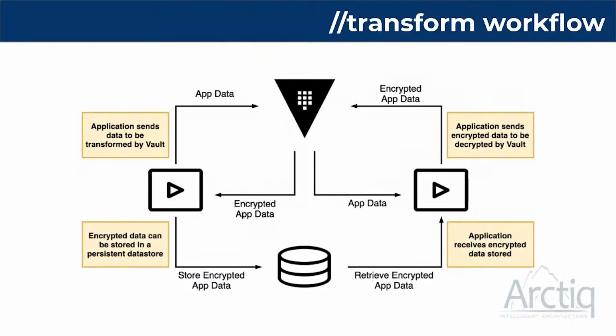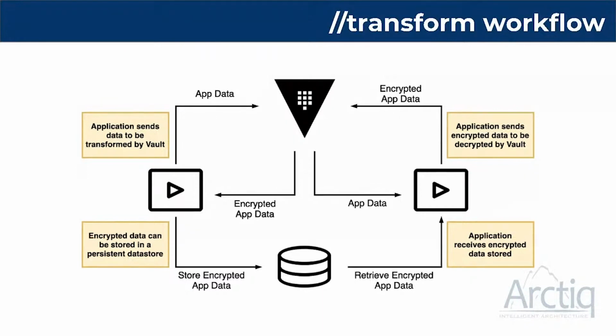Now, on the reverse side, when it comes to actually retrieving the data, a user can always request to see their data that has been transformed, and then the workflow would basically work in reverse. So the user would request that data, and the application will do a lookup by some sort of primary key and return the ciphertext from that data store.